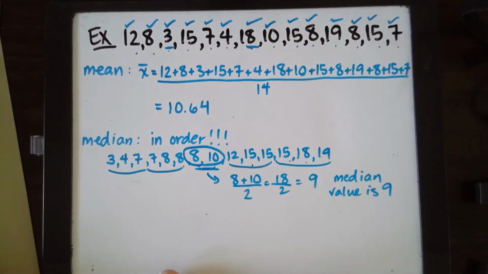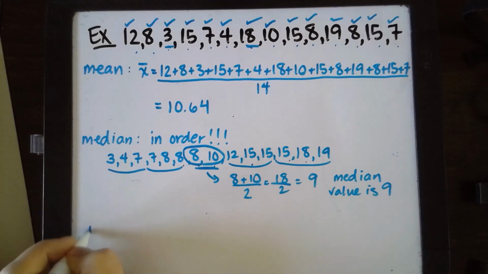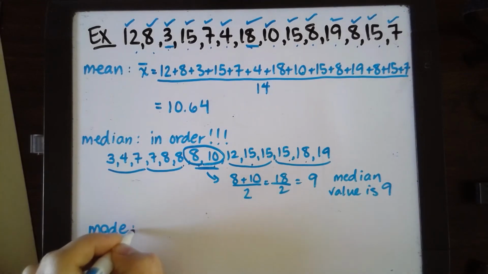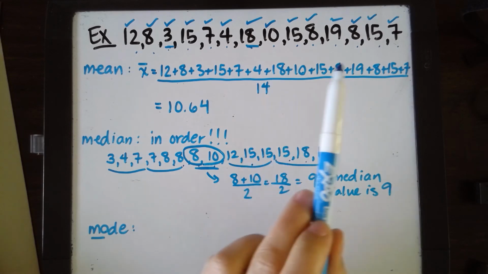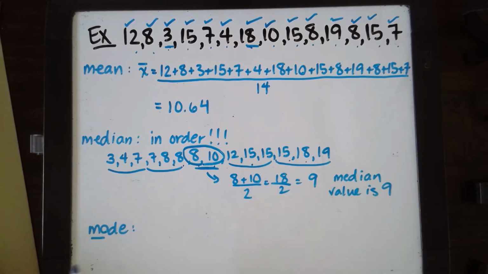And then last but not least is our mode. Our mode is what shows up the most often. If we put these in order, it's actually easier to see the mode from our ordered list than from our original list. I have 3 8s here, and I have 3 15s.